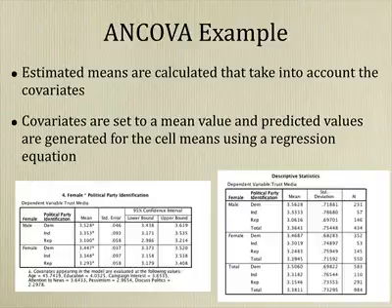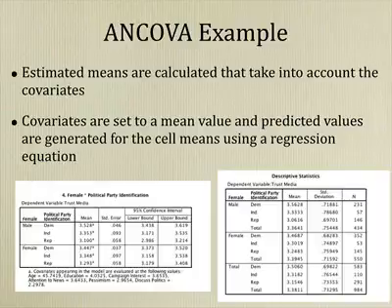I don't know that we would come to substantively different conclusions about male Democrats given that adjustment. But in some cases, if your covariates have a stronger relationship with the dependent variable than these covariates, you may make substantively different conclusions with the adjusted means when compared to the raw means.